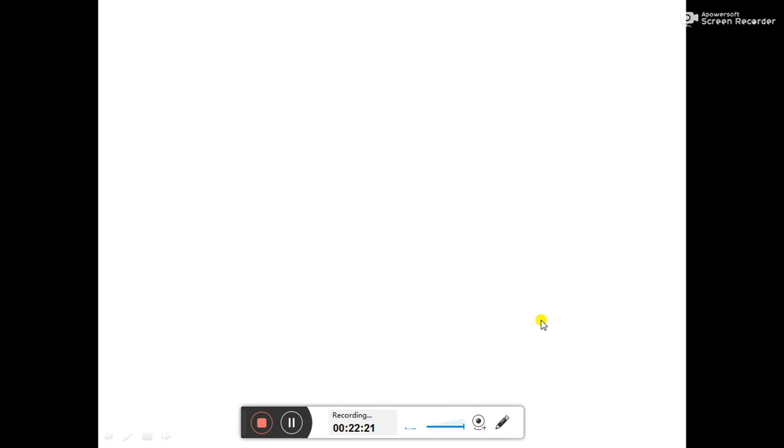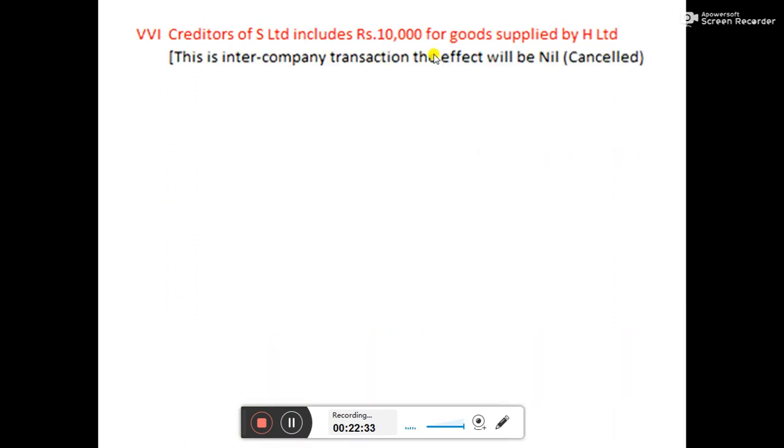This is a very important working note, very important. Here, creditors of S Limited include 10,000 for goods supplied by H Limited. This is an intercompany transaction. The effect needs to be nullified. So basically it means that H Limited has sold goods of 10,000 to S Limited. Half of the goods were remaining unsold.